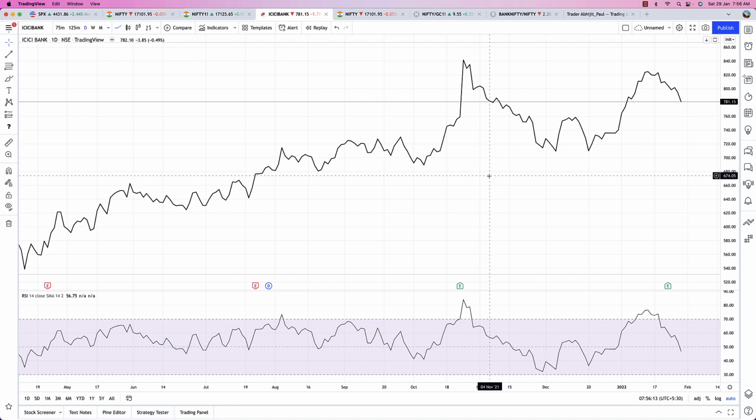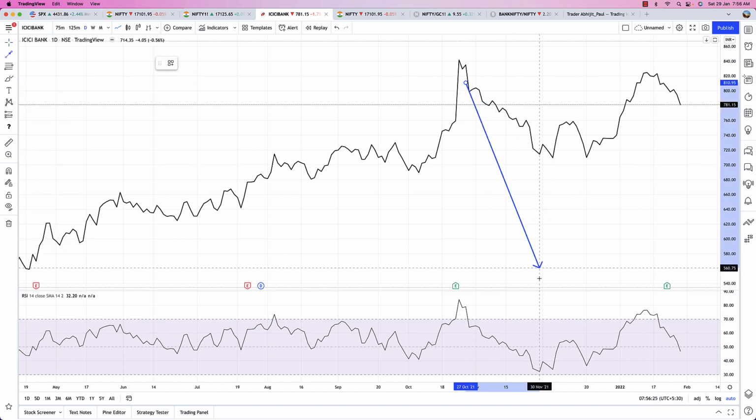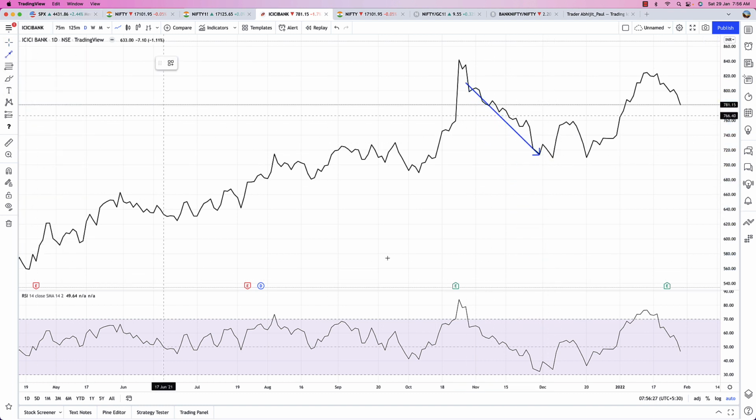This is probably the key reason why I love to use the RSI indicator. Prima facie, when you look at it, you observe that it's like a mirror image. It's very, very similar.